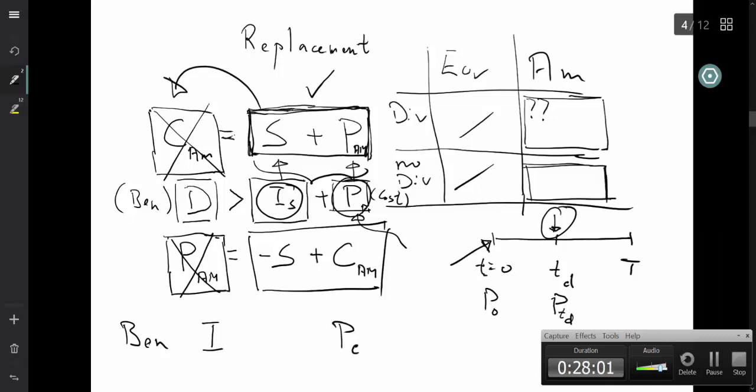Okay, now as long as the interest that you receive is bigger than the call price, you will exercise and replace it. And of course, if you do it as soon as possible, that is when you maximize the interest that you get.